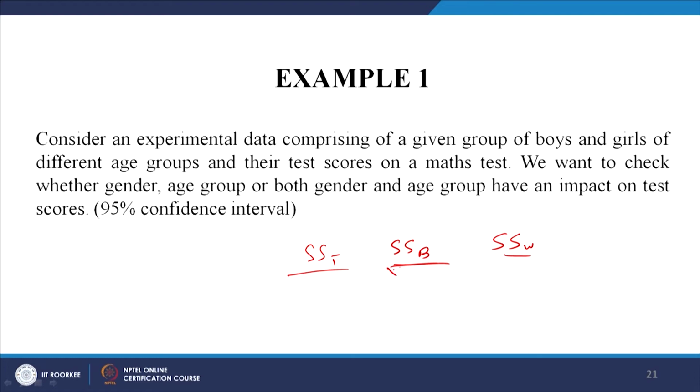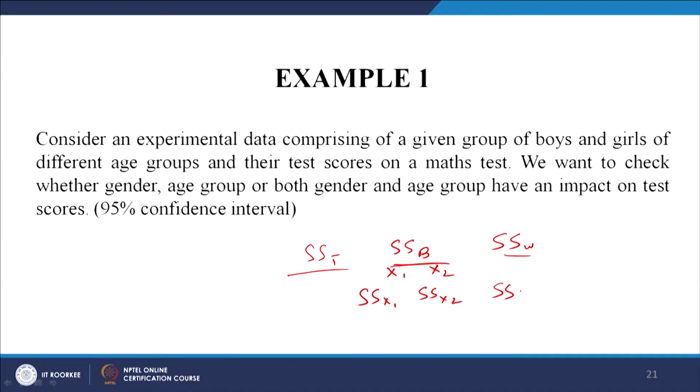Suppose I have 2 factors now, x1 and x2, so it will become sum of square between for x1, sum of square between for x2, and then the interaction effect. Please do not expect that if I am having 2 factors there is bound to be an interaction effect.